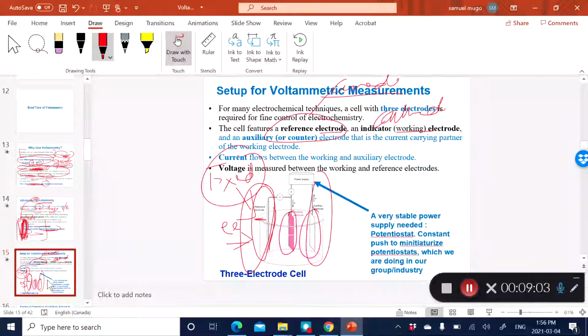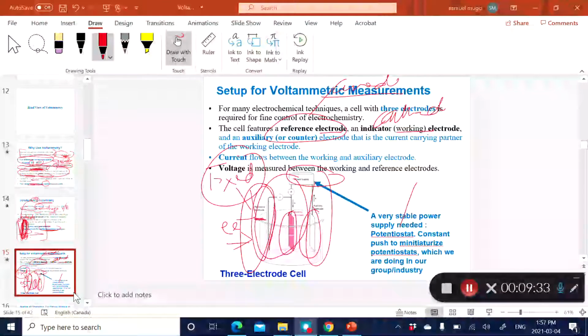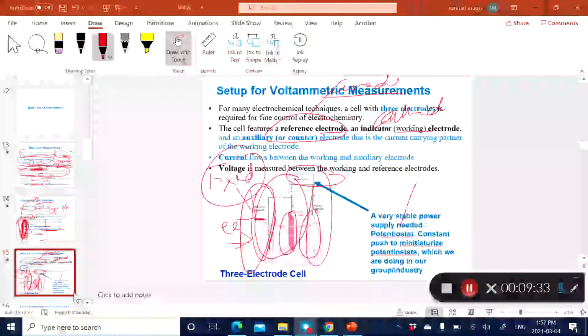Now the power supply, on the other hand, is applying a voltage that we talked about, the sweeping, changing voltage. It's being applied between the reference electrode and the working electrode. Okay. Now take note of this, that it's an electrolytic cell, and for that reason you need a potentiostat, which should be a very stable power supply, able to very selectively indicate the voltage being applied.